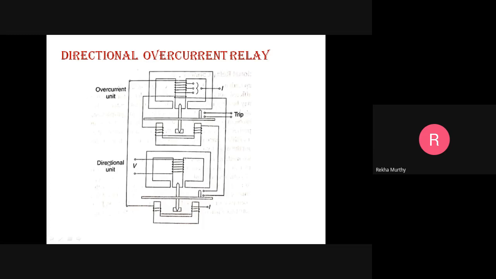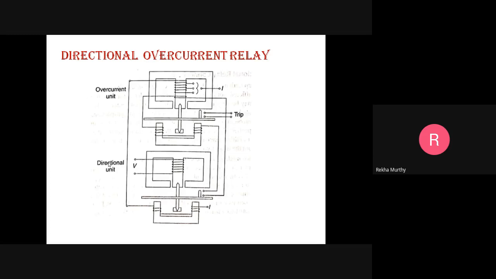For the directional control, the secondary winding of the overcurrent unit is kept open. When the directional unit operates, it closes the open contacts of the secondary winding of the overcurrent unit. Thus a directional feature is added to the overcurrent relay.